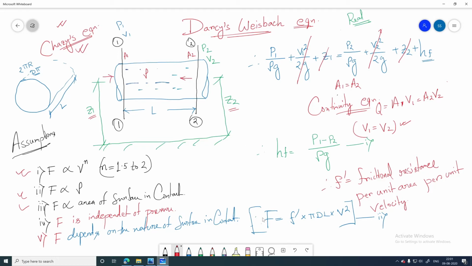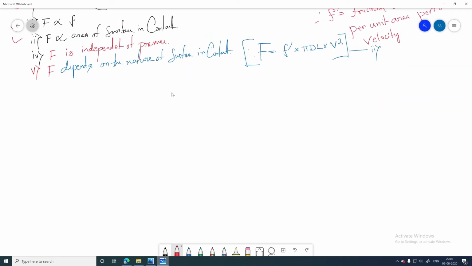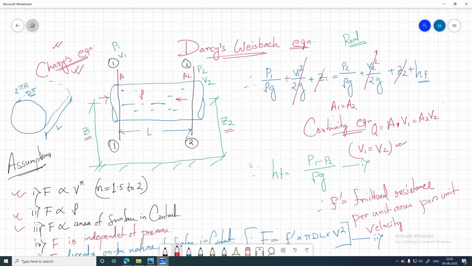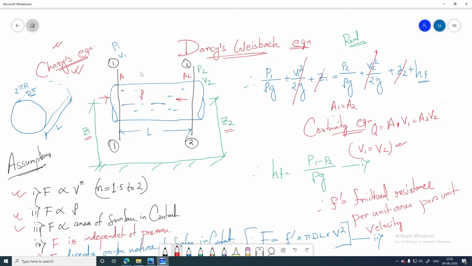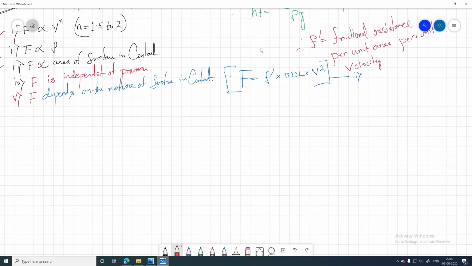Now, when we are applying Bernoulli's principle here, the flow we are considering is steady. Steady means the velocity at this particular section, 1-1, and any other section, maybe 2-2, is constant, that means there is no change in velocity. If there is no change in velocity, that means there is no acceleration, right? That means the local acceleration is 0.